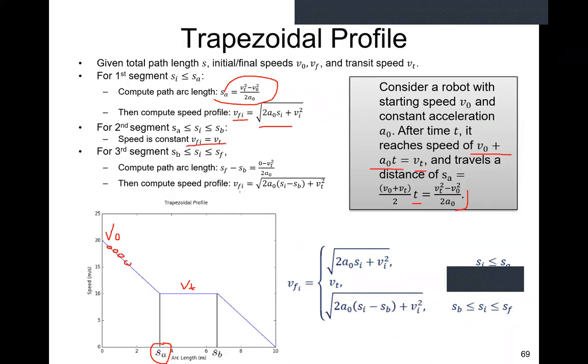For the third segment, you do a similar thing, except the final speed is 0. So the final expression for the velocity profile is: less than SA, where SA is defined in this equation, you have this form; in the middle you have this vt; and in the last segment you have this.